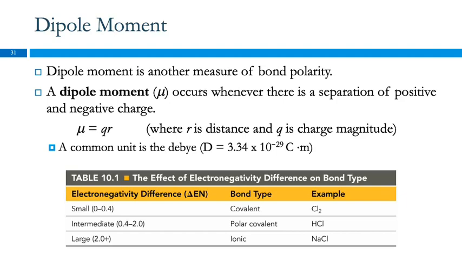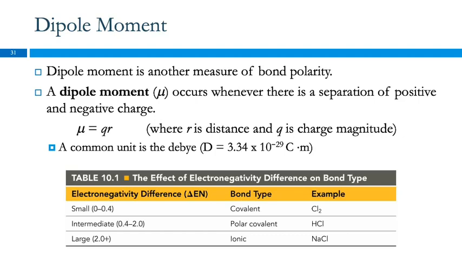Dipole moment is a way of measuring the bond polarity, and we're not going to do anything with it except hear about what it is. The dipole moment is given the symbol mu, and that occurs anytime there's a separation of positive and negative charge. You can have a dipole moment in a bond, or in a molecule overall. It's a separation of charge.